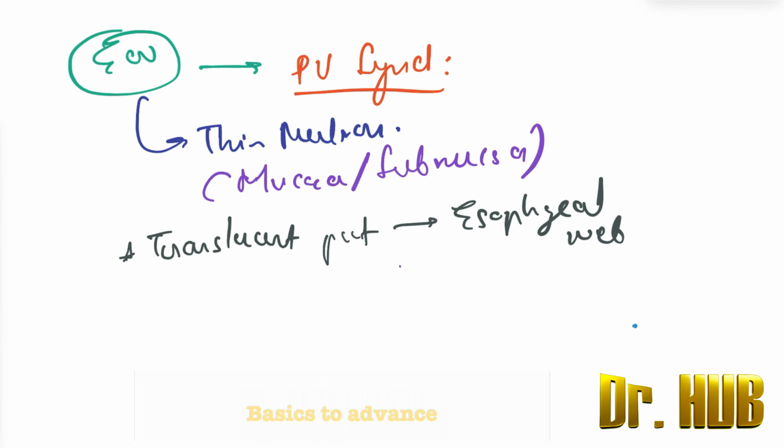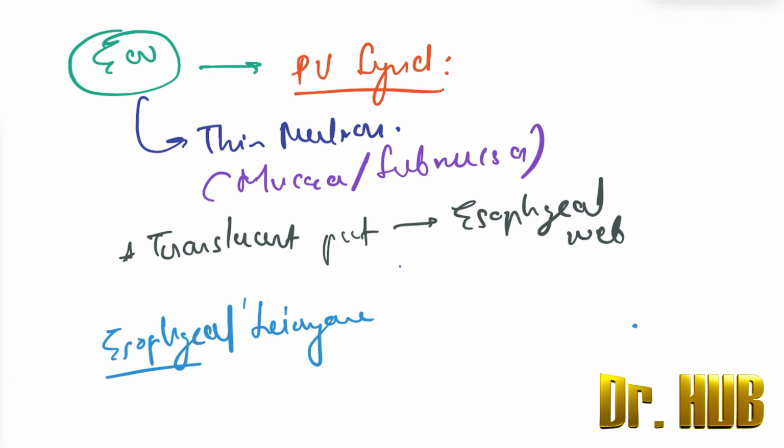Next, we are going to look at something known as the esophageal leiomyoma. What happens in the esophageal leiomyoma?